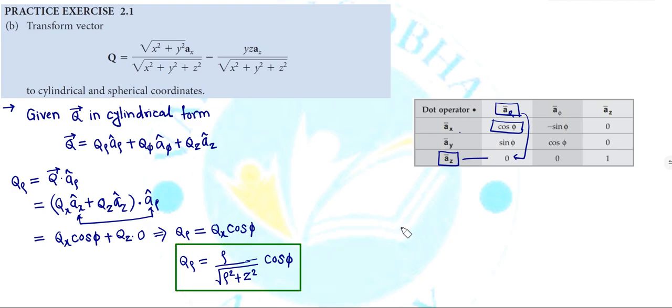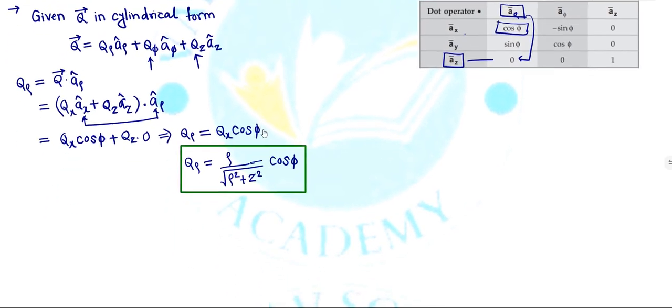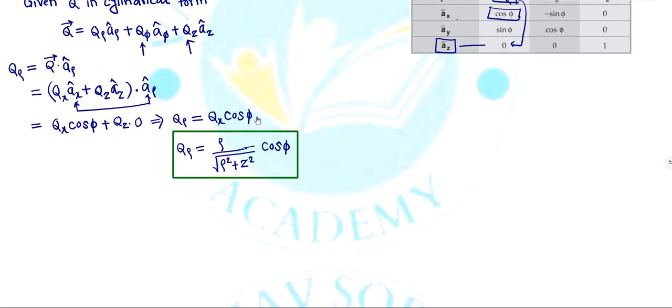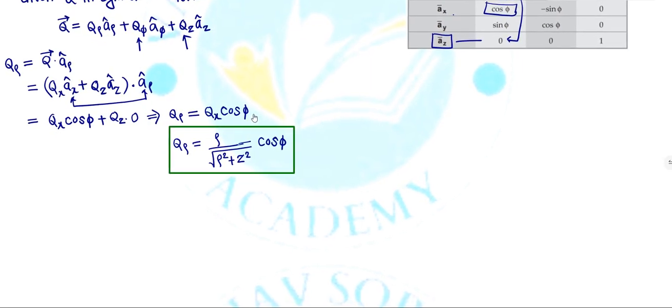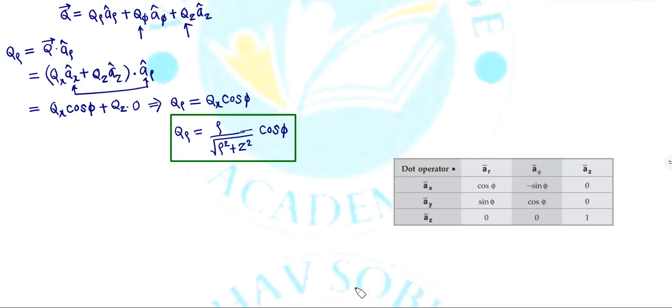Now in similar fashion, we are going to find out what q phi and qz are over here. So what are q phi and qz? You can pause the video if you are confident enough, and if you are not confident, then you can follow me. So we are going to find out what q phi and qz are.